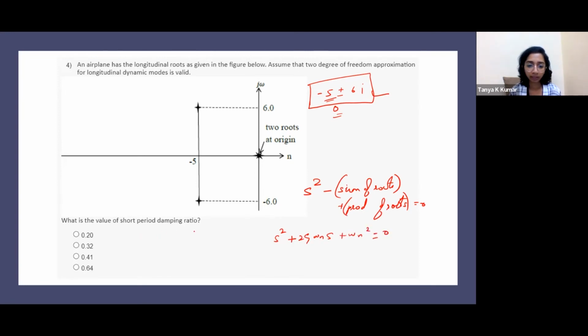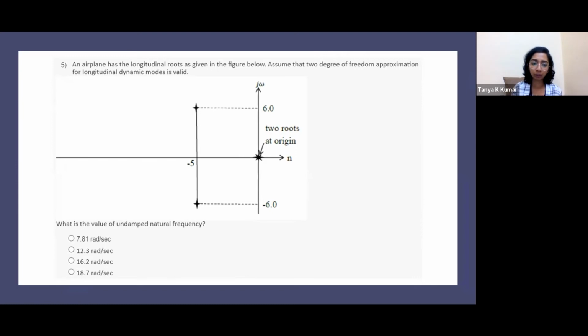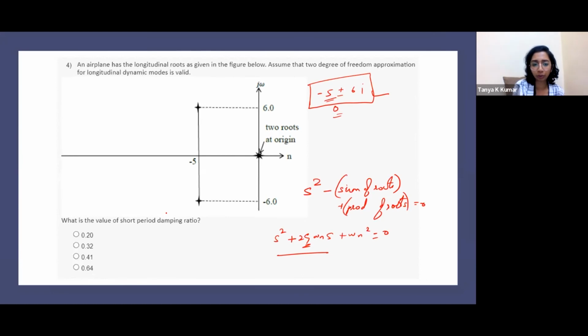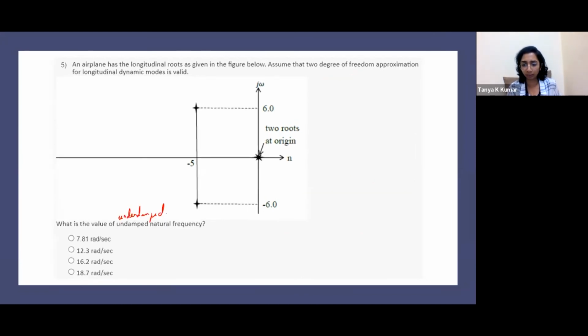You can find out the damping ratio eta from this equation when you equate these two equations. Next, they've asked you what is the value of undamped natural frequency. I think it should be underdamped. So now you found out the damping ratio. You can find out the damped frequency in a similar manner.